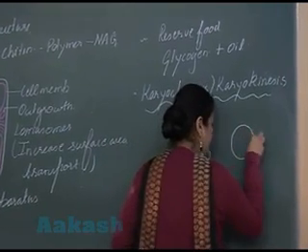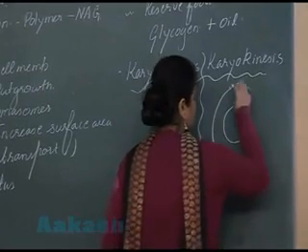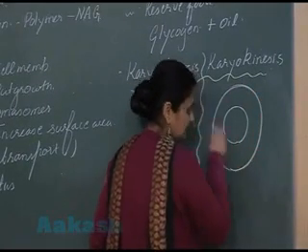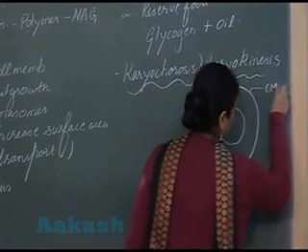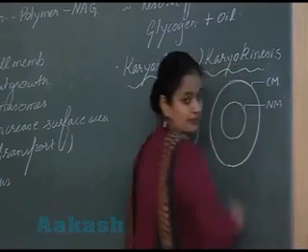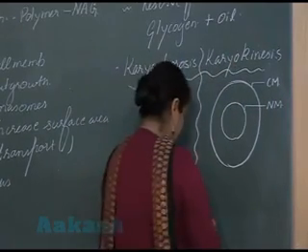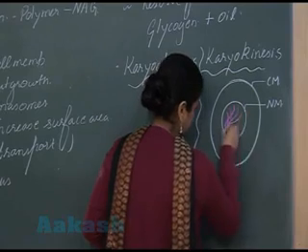ये मैंने बनाया है nucleus. Nucleus is present inside our cell. ठीक है? Let's say this is cell membrane and this is nuclear membrane. Nucleus के अंदर there is presence of genetic material.